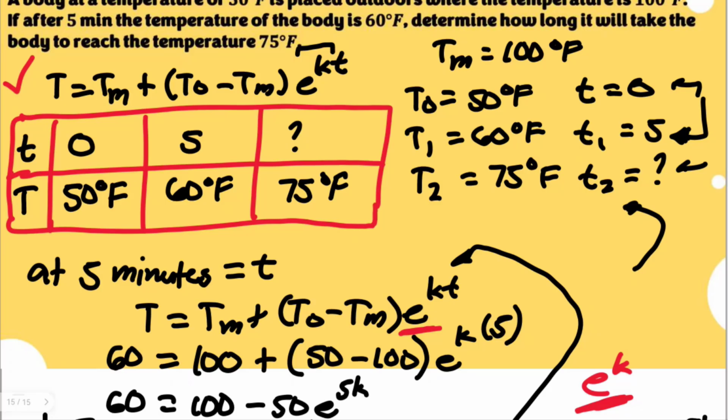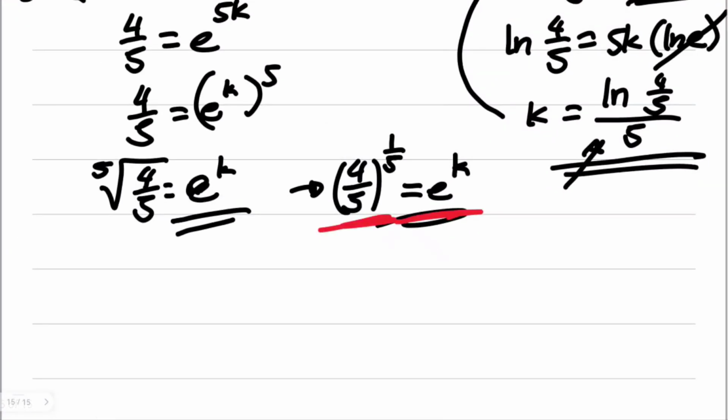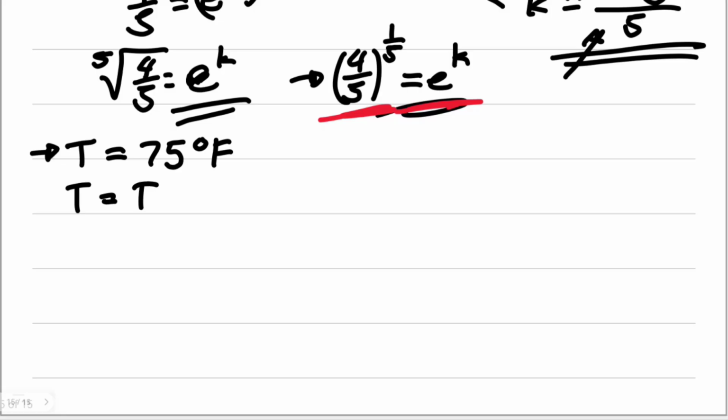So once I'm done with e to the power of k, I'm now going to proceed with the target: the time needed for the same object to reach 75 degrees Fahrenheit. So I need the final temperature to become 75 degrees Fahrenheit. The formula, T equals T sub m plus T sub 0 minus T sub m, times e to the power of kt.